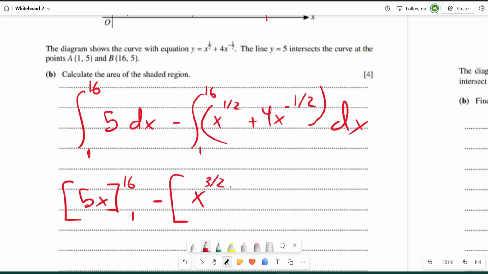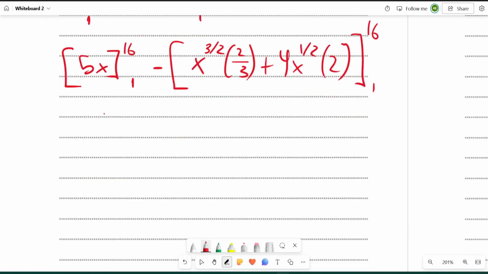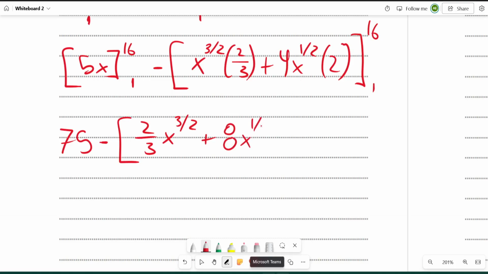Okay, so integration of 5 is 5x from 1 to 16, minus, let's integrate this, so this becomes x^(3/2) times 2/3 plus 4x^(1/2) times 2, from 1 to 16. This becomes 5 times 16 minus 5 times 1, which is 75, so this is 75 minus [2/3 x^(3/2) + 8x^(1/2)] from 1 to 16.